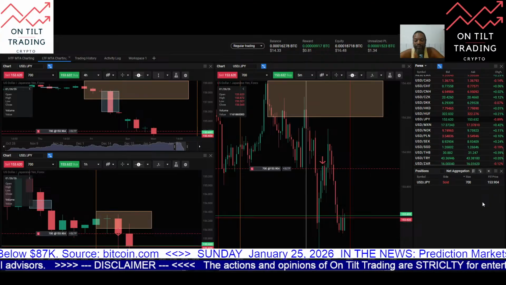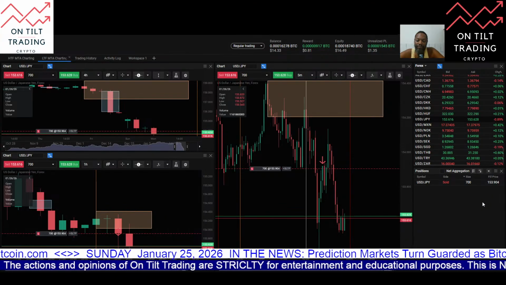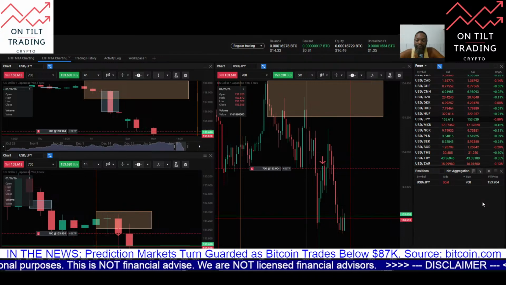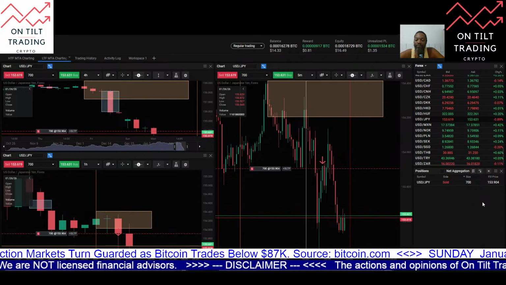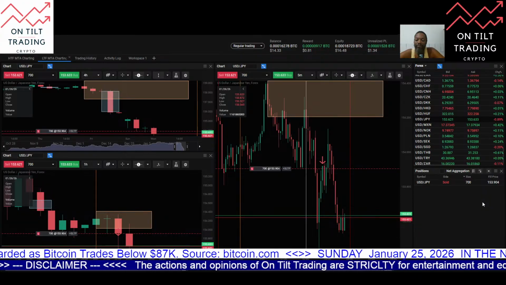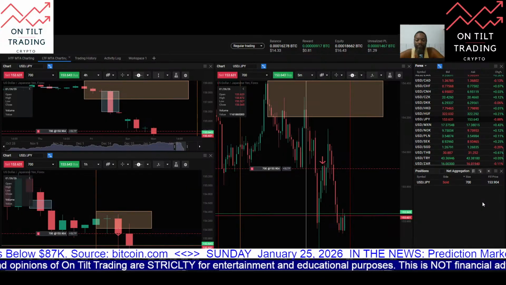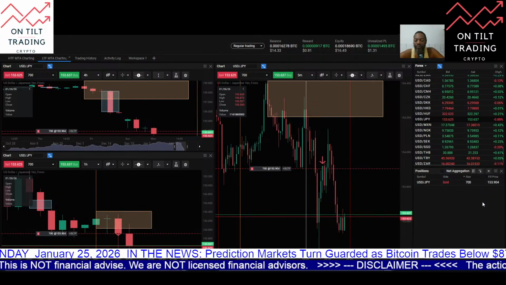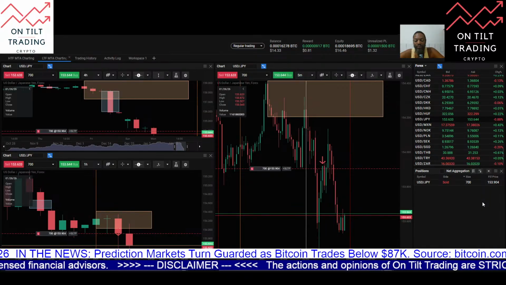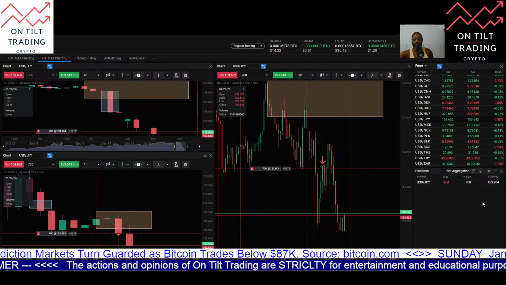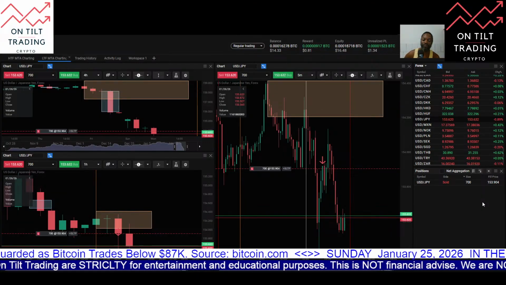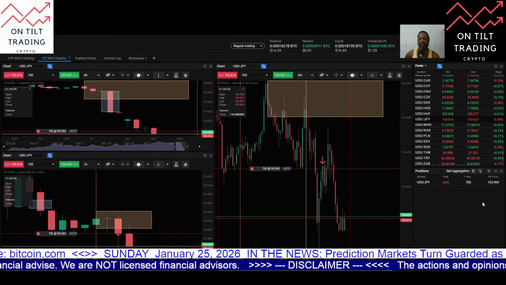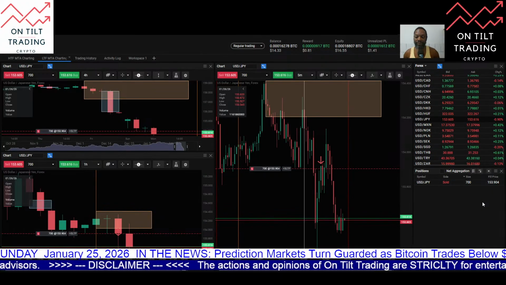153.620. Price still consolidating here at the 153.620, now 153.600.